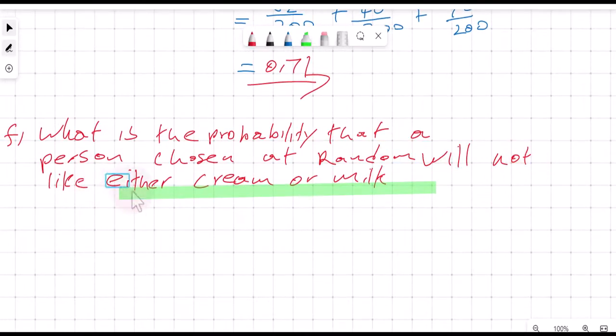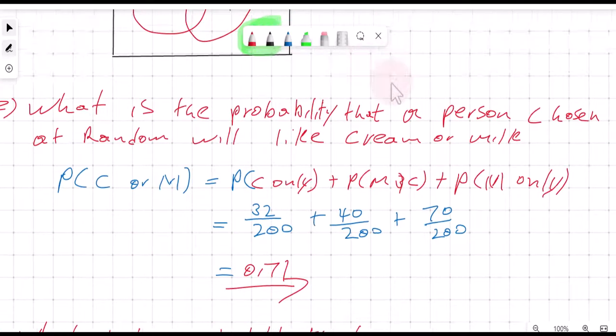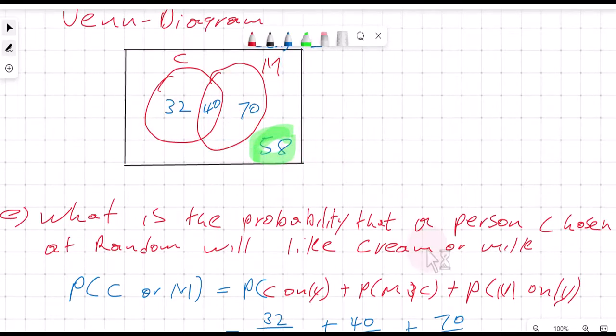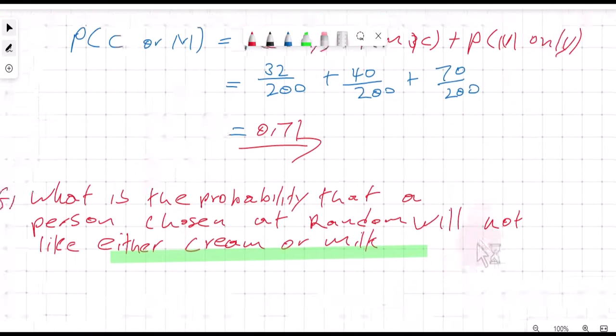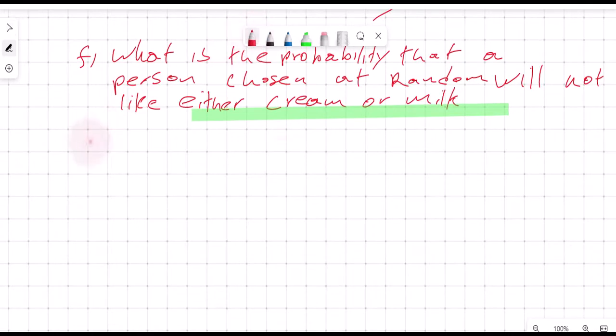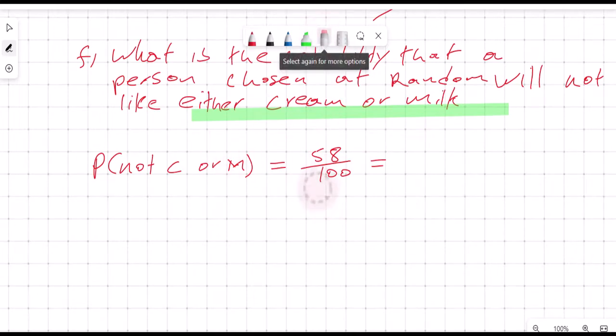So they are 58, divided by 200 is the probability of not cream or milk. So it's 58 over 200, which is 0.29. There is our probability.